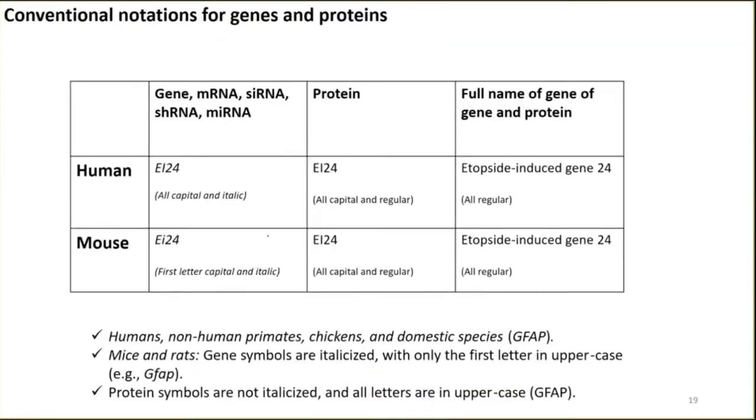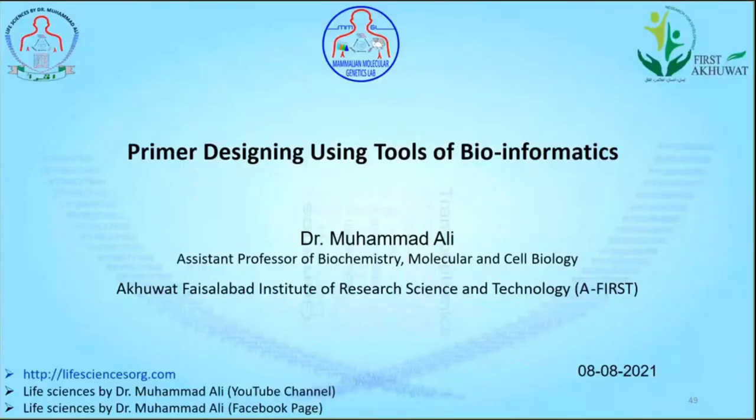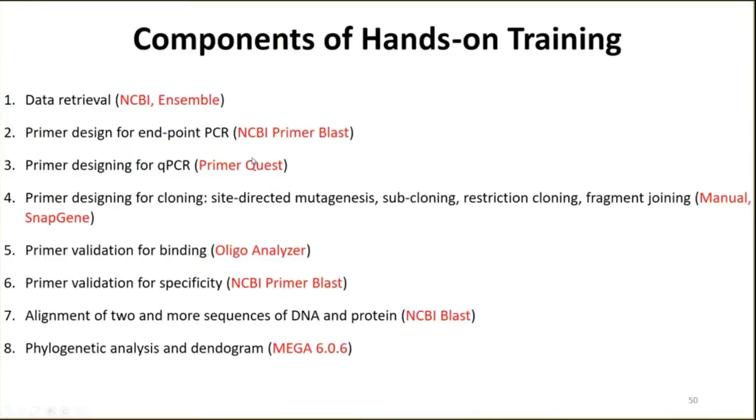Okay, now we move to the real question. We are going to use some software for today's presentation. Today we will learn how to retrieve data from NCBI and Ensembl, and I will let you know the benefits of each of these two databases.